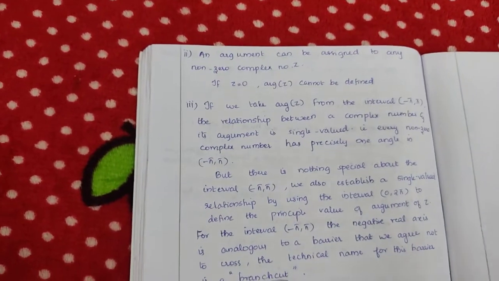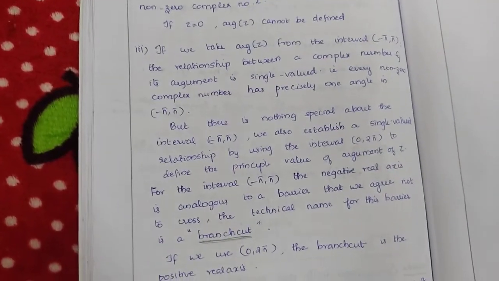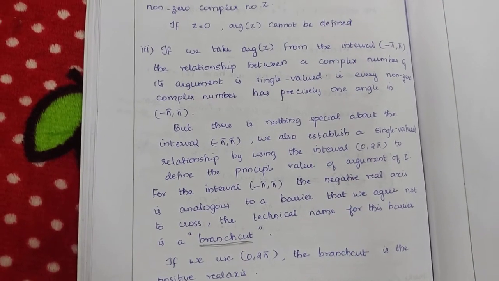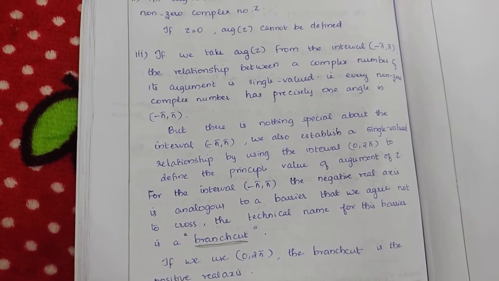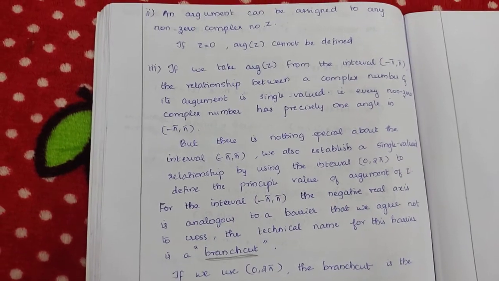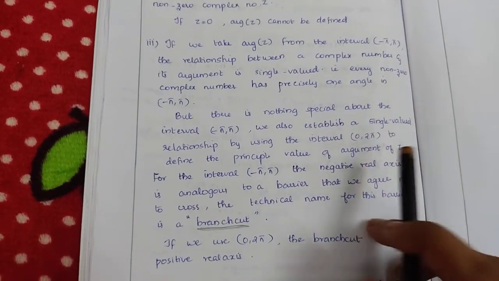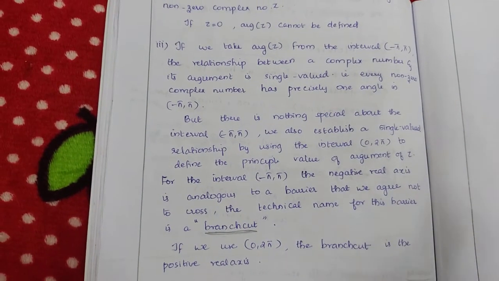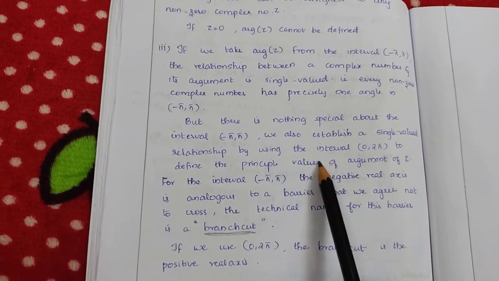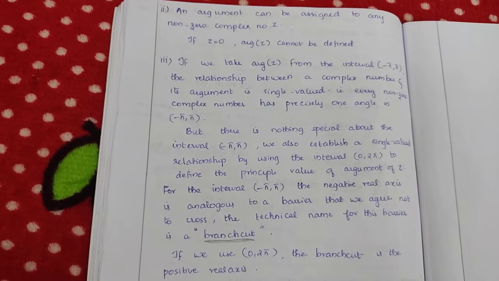But there is nothing special about the interval minus pi to pi. We can also establish a single valued relationship by using the interval 0 to 2 pi to define the principal value of the argument of z.